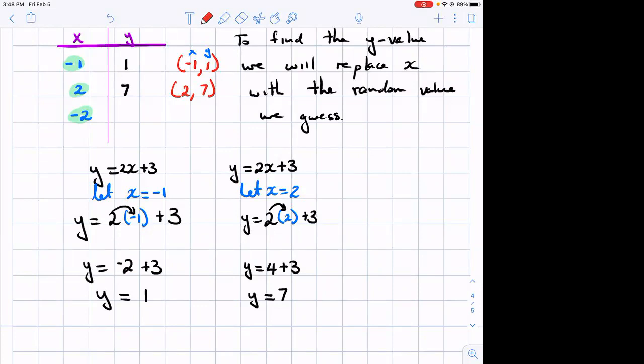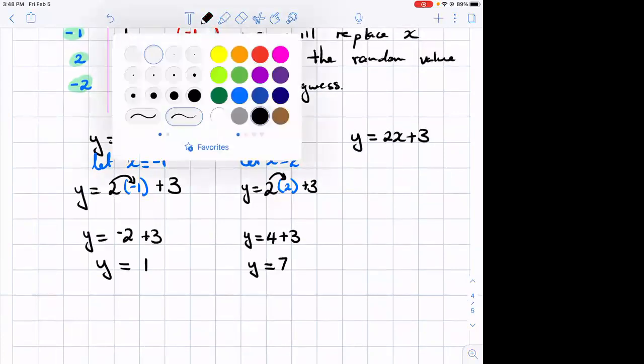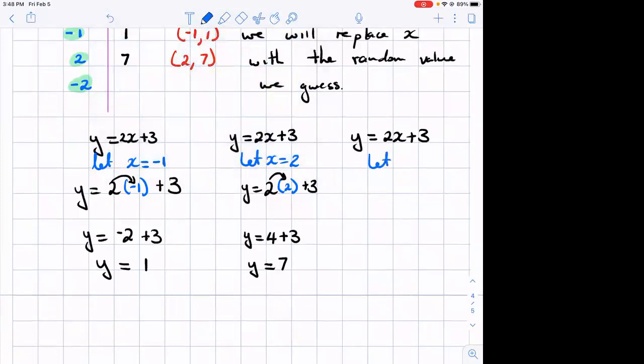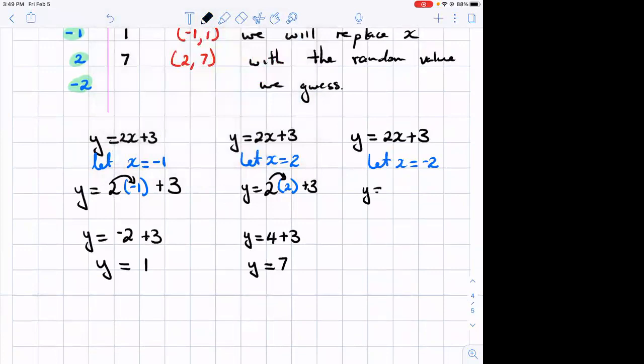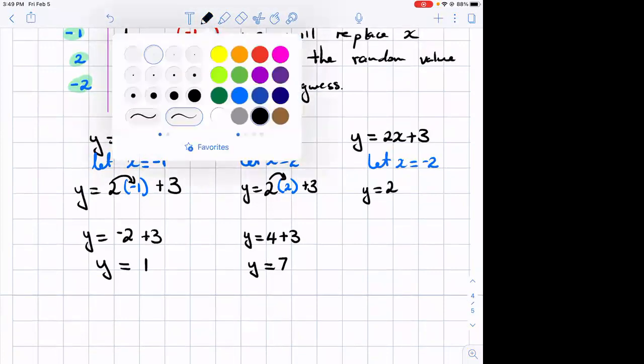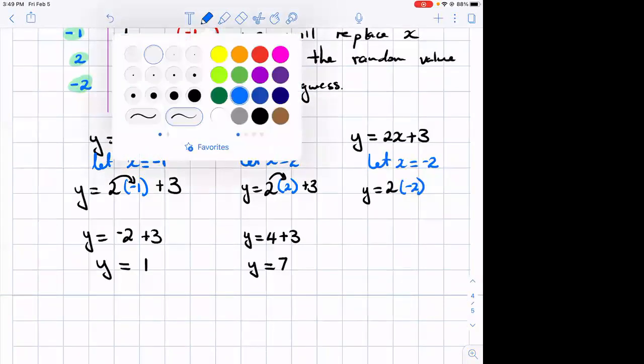And then finally, I will do the third point. y is equal to 2x plus 3. And now I'm going to let x equal -2. So we have y is equal to 2, and then I replace the x with -2, plus 3.